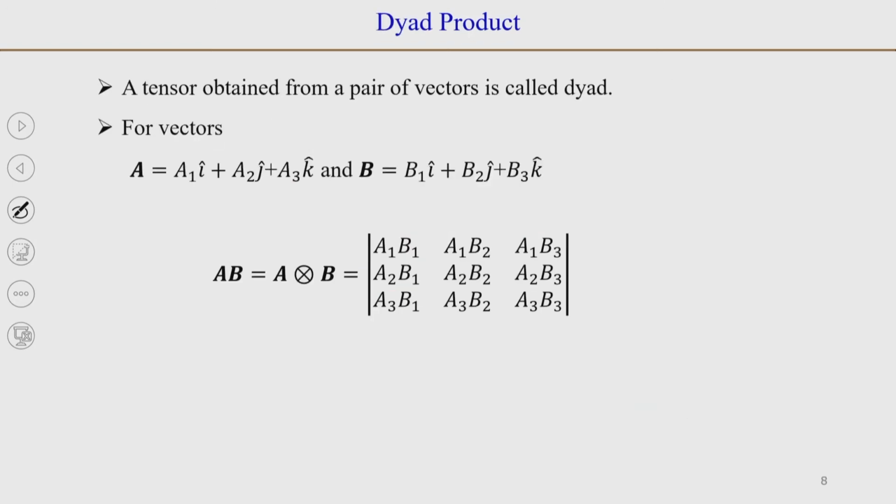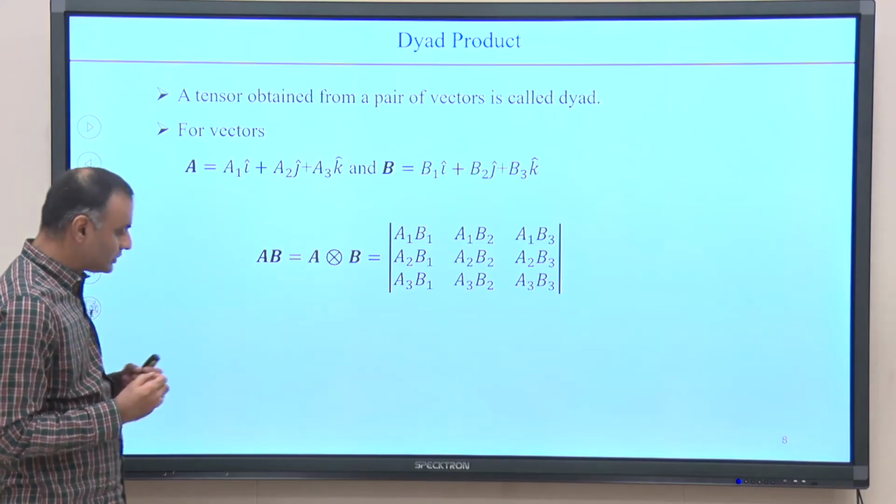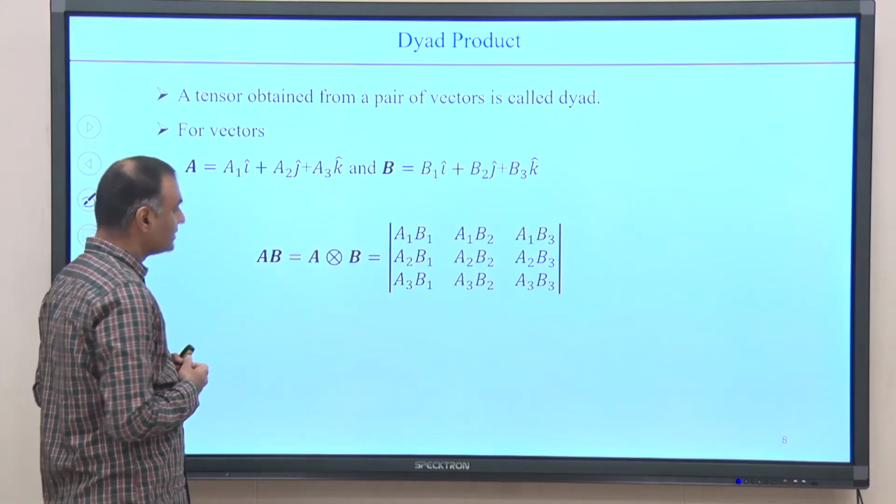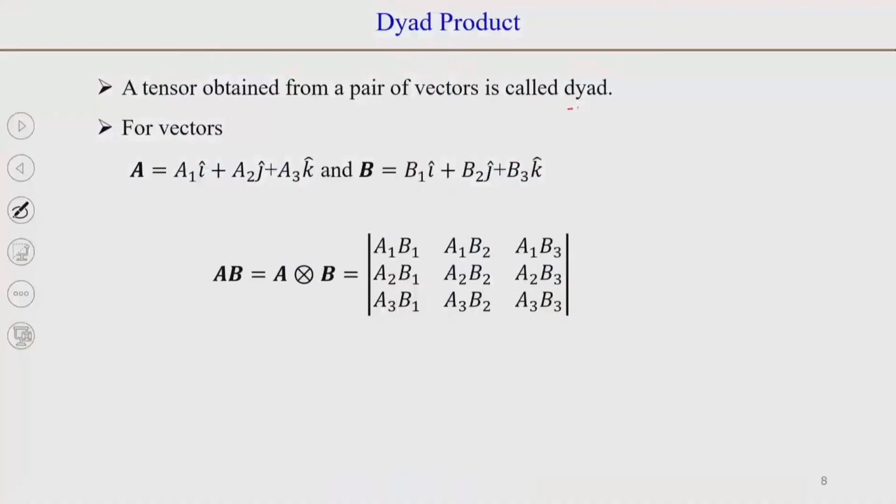Now, the third operation which you might not be familiar with is the dyad product. When you multiply two vectors and you get a second order tensor, it is called a dyad product. So, if you have a vector a1 i plus a2 j plus a3 k and another vector b1 i plus b2 j plus b3 k, you can take its dyad product, and this is the symbol.